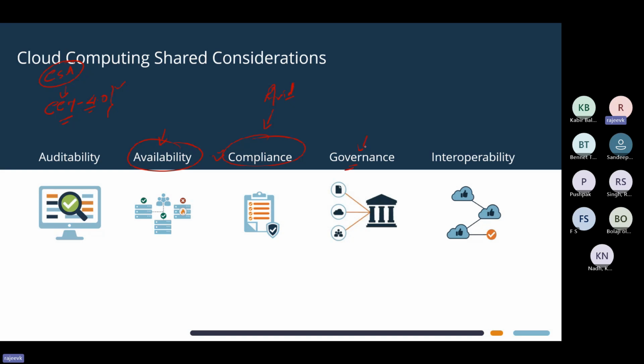Next thing we have is governance. Now remember, governance is one of the components which is very important. So what is governance first of all? Governance is basically the collection of rules which will help you define how the services will be delivered.